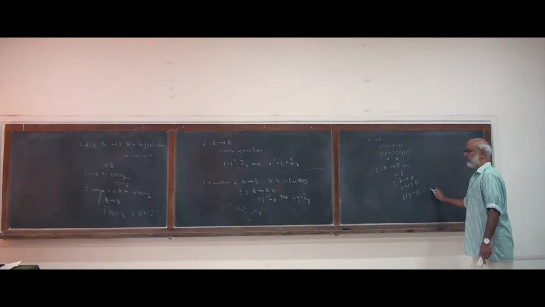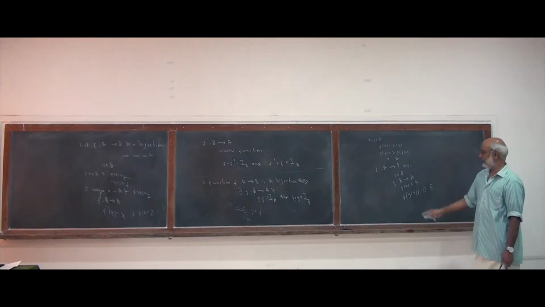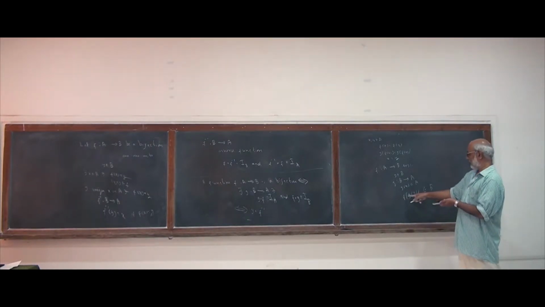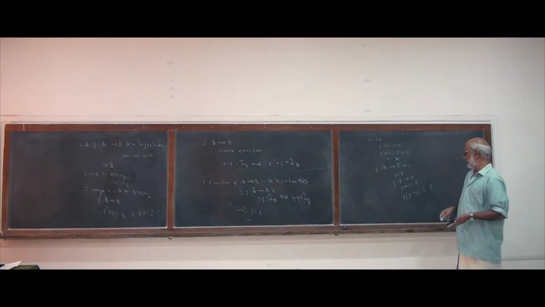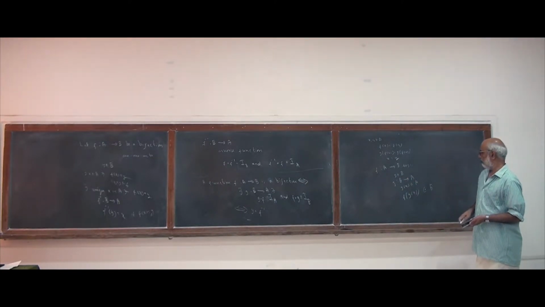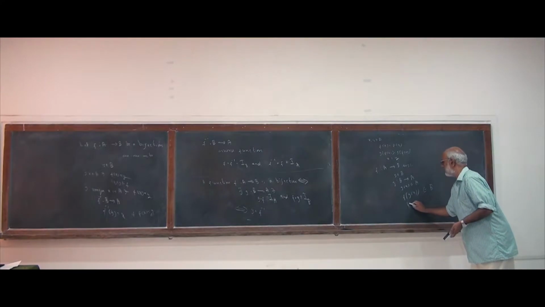That will be an element of B, because f is a function from A to B. But what is g of this? This is nothing but g composition f of g of y.